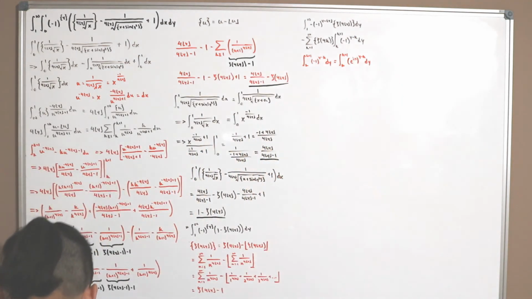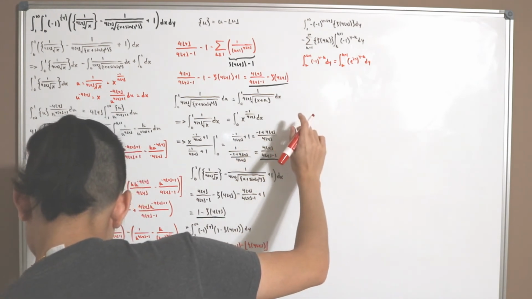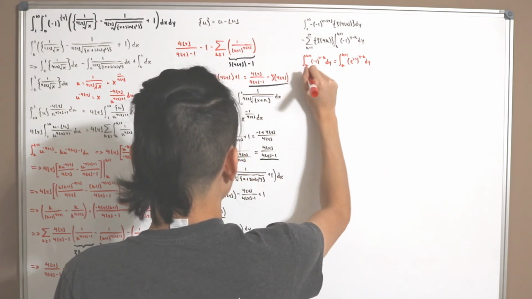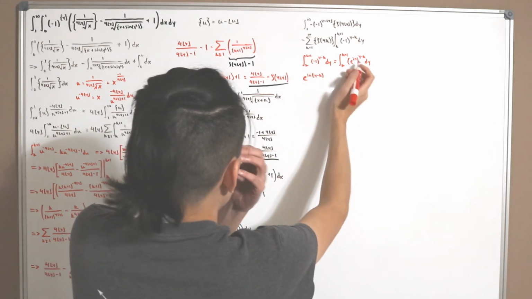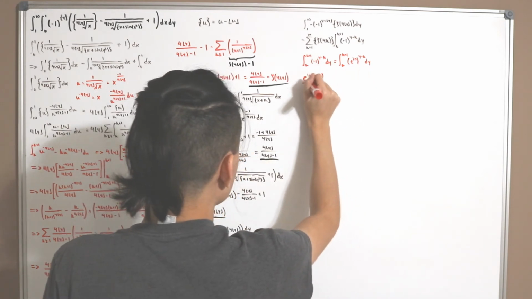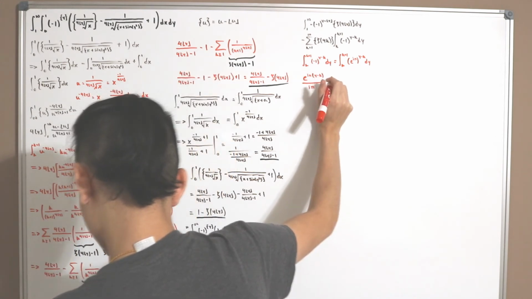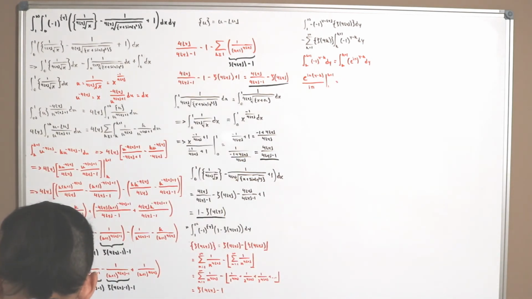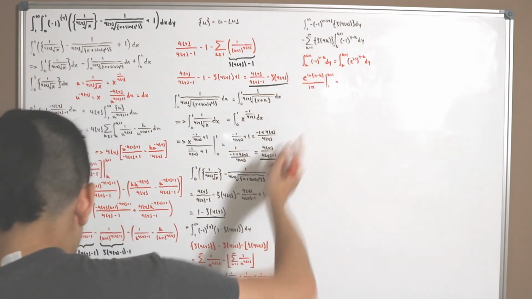So by integrating this, I get that this is just exponential, e to the power of i pi times y minus k, using substitution, divided by i pi, between k and k plus 1. We simply put in k plus 1 for y, and k as well.